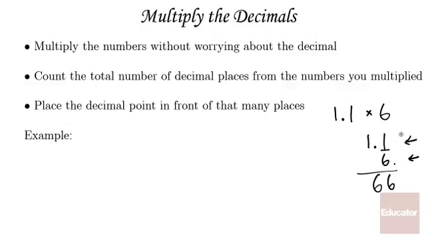So from 1.1 and 6, I only have one number behind the decimal point. Then I go to my answer and I place one number behind the decimal point, so the decimal point goes right there: 6.6. Okay? So let's do a few examples.